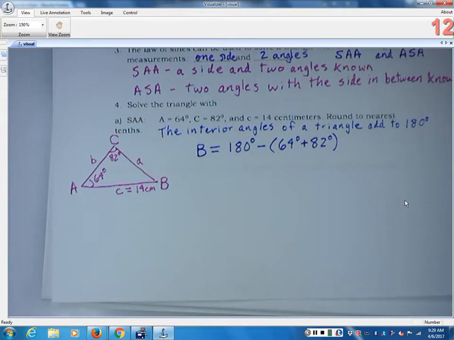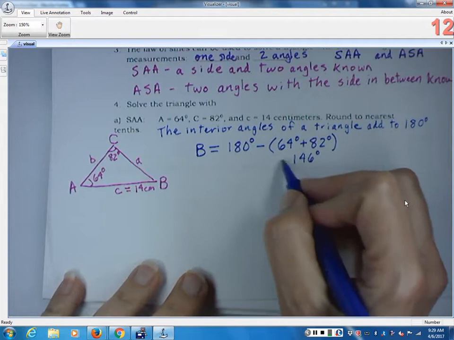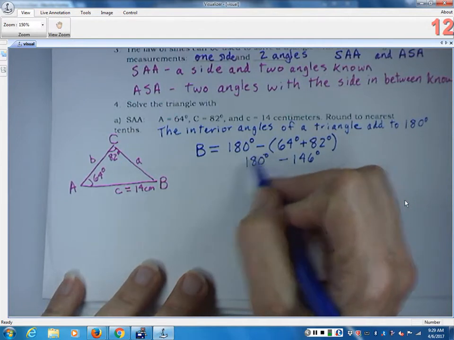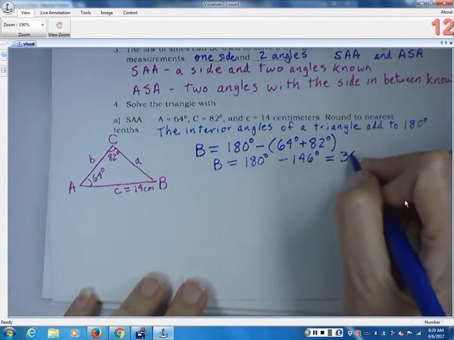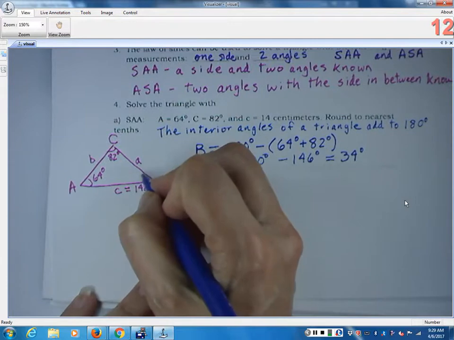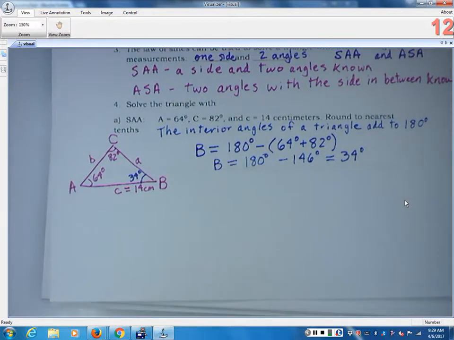And that was 146. And so B is 34 degrees. Okay. Now that we got all the angles, now we can find the remaining sides.